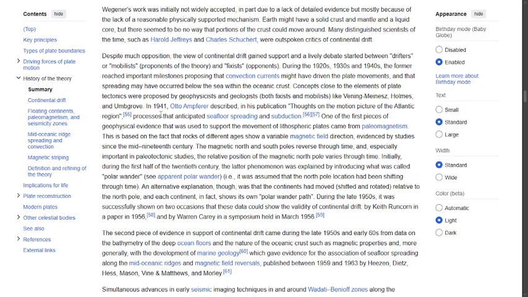One of the first pieces of geophysical evidence used to support the movement of lithospheric plates was paleomagnetism. This is based on the fact that rocks of different ages show variable magnetic field.